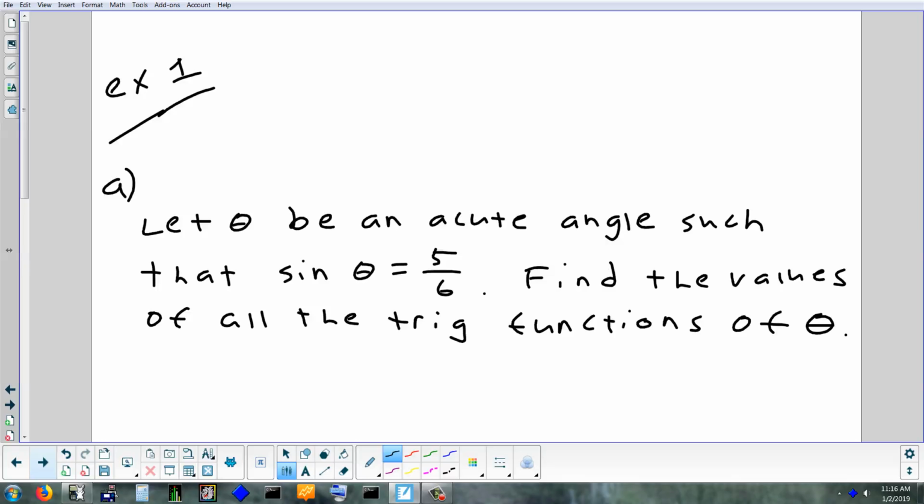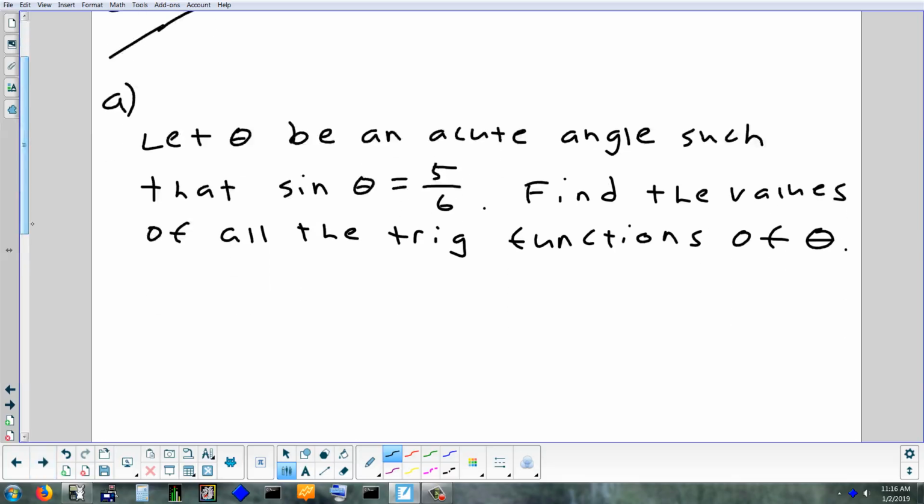Because you actually have two options. If they didn't say it was an acute angle, it could be in quadrant 1 or 2. And I'll explain by the end of the week how I know that. It's a little diagram we'll draw. But it is an acute angle, so it's in quadrant 1. And they just want to know the other trig functions.